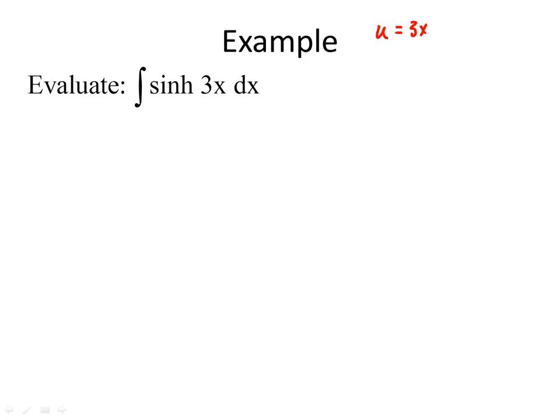So what is du? Well, this is just like u substitution. I don't have a 3 dx anywhere, do I? This is u, and I need du just to be dx. So I'm going to have to use a compensation. So I need 1/3 of du is equal to dx.